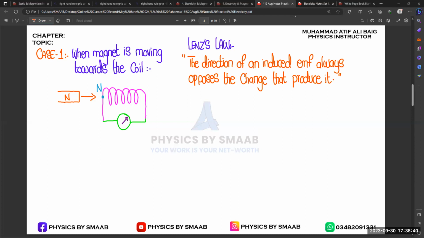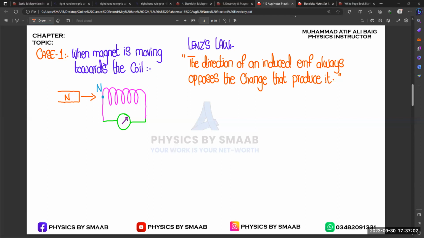So if you try to understand this concept with the help of the magnetic field, when the north pole is moving towards the coil, right? The point on the coil nearest to the magnet will be the north pole. Now you can identify that like poles will repel each other, right?